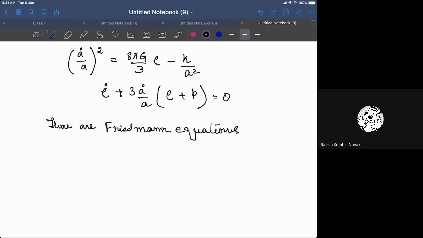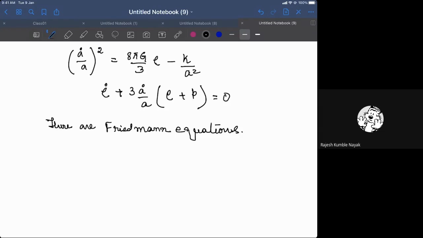So it's actually not that both are Friedmann equations, but you can call them that. The first one is the Friedmann equation, and the second one is called the fluid equation, which we have got from Einstein's equation itself, but you can also get it from the divergence of T^{ab} equal to 0, and that is why it is called the fluid equation.